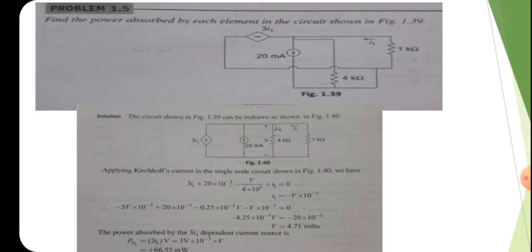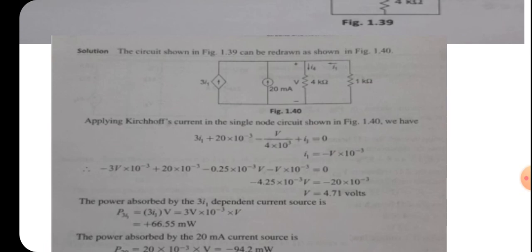So you can mark the current direction as I1, and you can also find that there are other branches like the 4 kilo ohm. You can mark the current direction through the 4 kilo ohm as downwards. That is your choice how the direction is marked. For the solution of this question, we are marking I4 as downwards. Since it contains a single node, you can simply apply Kirchhoff's current law to this node.